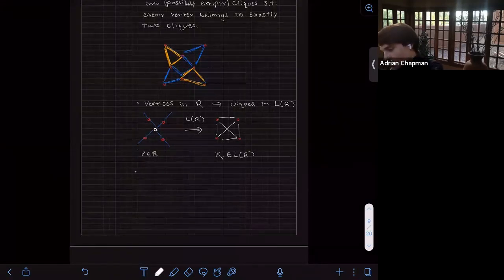The other thing I want to mention is that cycles in R are mapped to induced cycles, or holes.